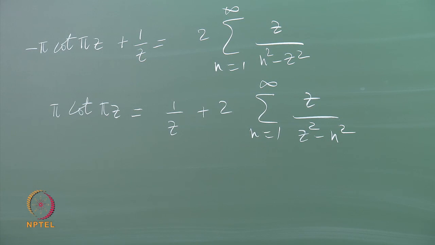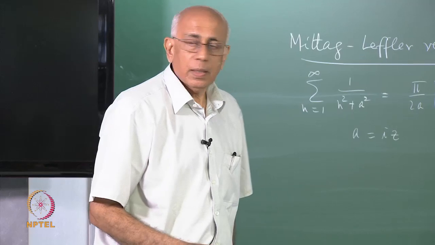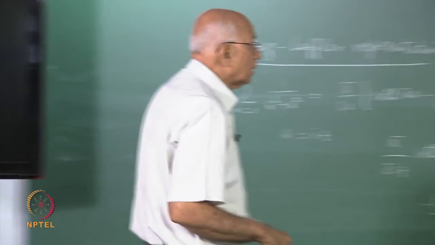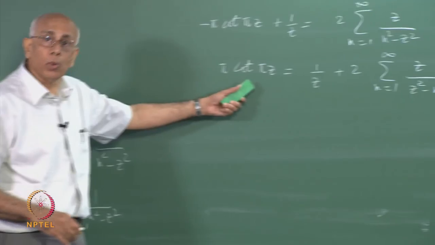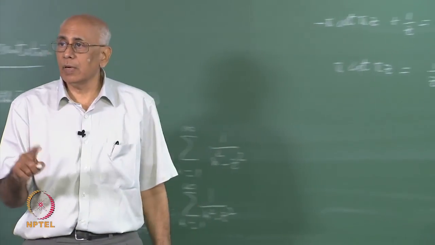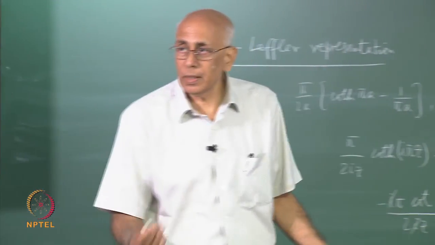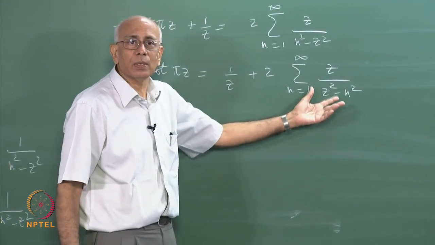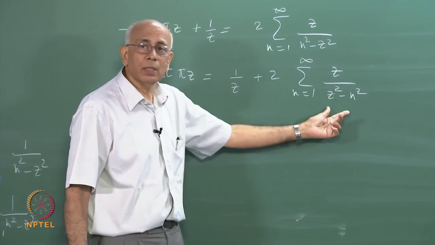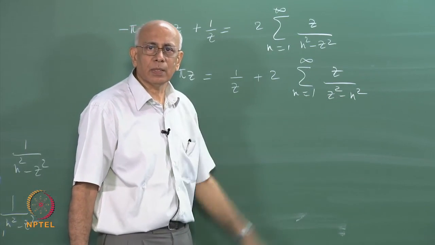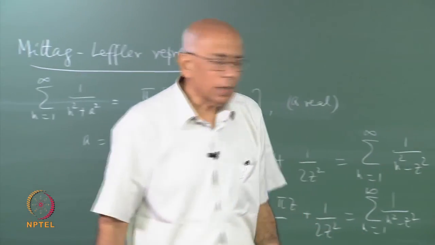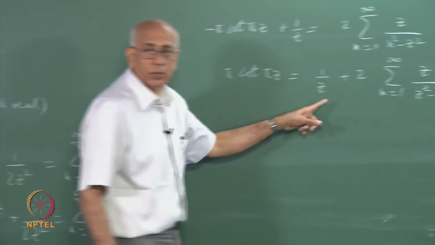Now what are the properties that we know about this cotangent? We know that it is cos over sine, and therefore since cos and sine are both entire functions, we know that this function has simple poles at all the integer values of z, including 0, and this makes it explicit out here. You can see that this function here, it is z plus n times z minus n, so at all the non-zero integers there are simple poles, and then the pole at 0 appears in this function here.